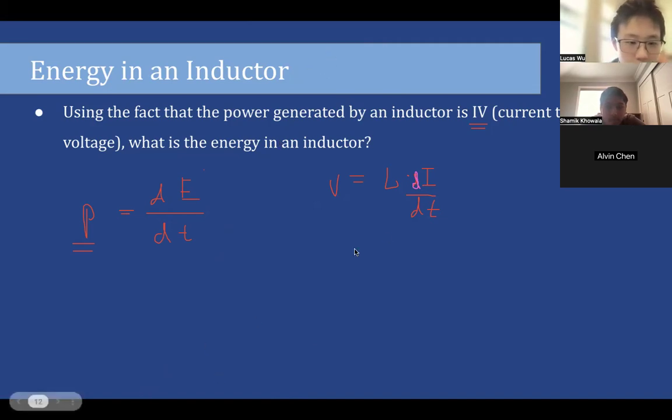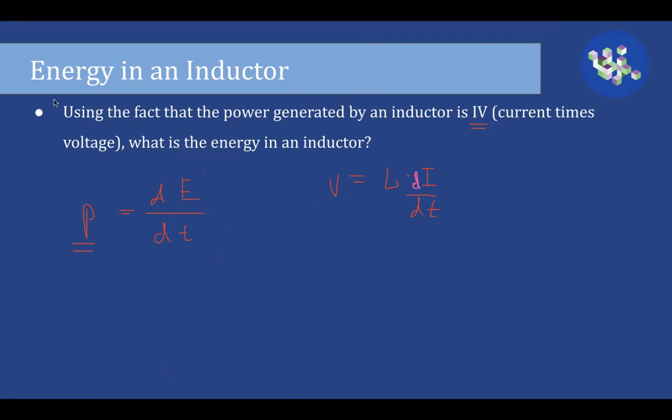All right, sure. So we have P equals dE over dt. What do we have for power? We're given power is equal to I times V. So current times the voltage drop equals power. Remember what we said for voltage drop? Voltage drop is equal to L times di over dt.